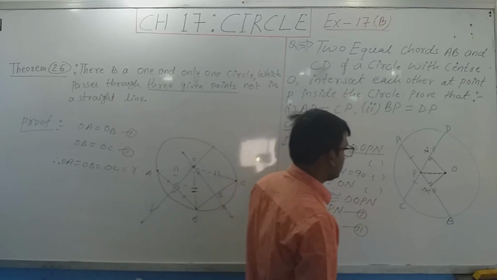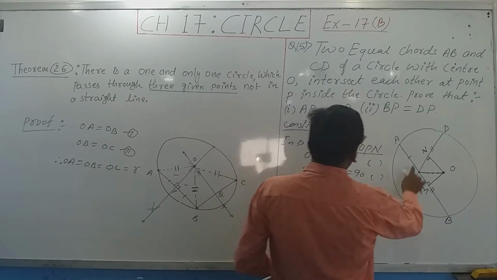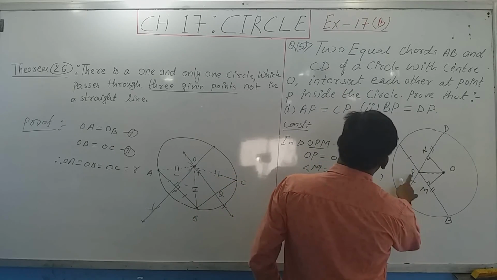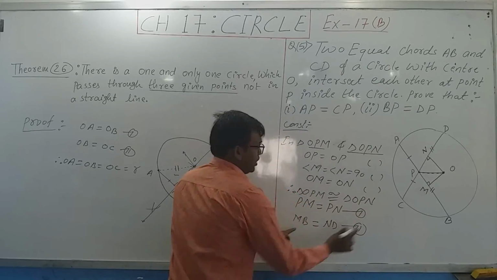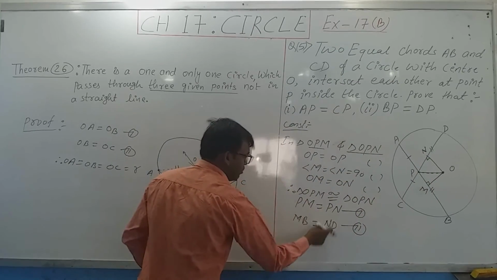Sorry, very sorry, that is what we have to prove now. MB is equal to ND, and just add both.